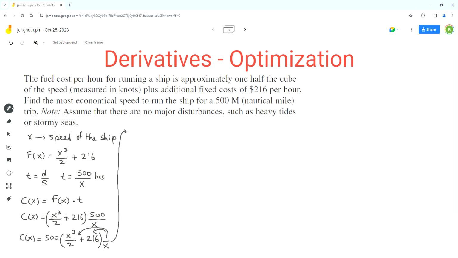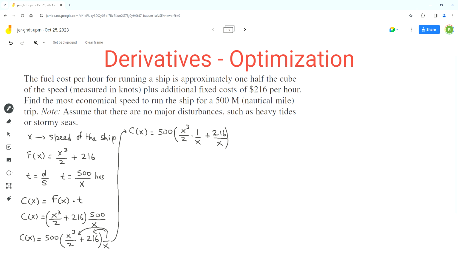So c of x equals 500, and first we do x cubed over 2 times 1 over x, and then plus 216 over x. So when we multiply 216 with 1 over x, we get 216 over x.